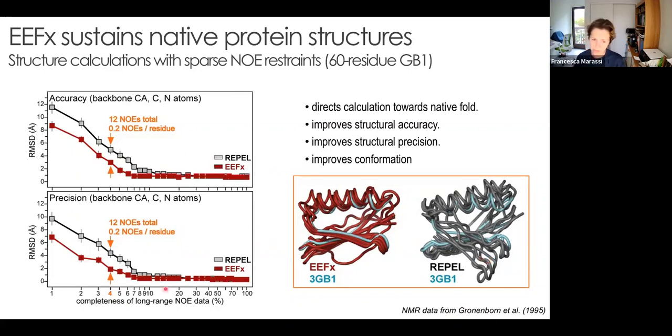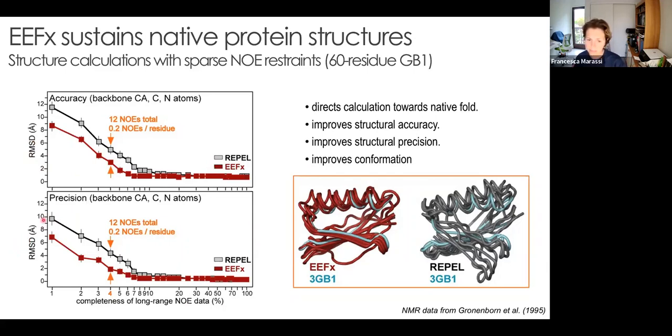Okay, so the two plots are basically showing the completeness of long-range NOE data as a percent of the total data, and the RMSD of either relative to the deposited structure, to the actual experimental structure determined with a full set of restraints, or the precision of the ensemble that's calculated.